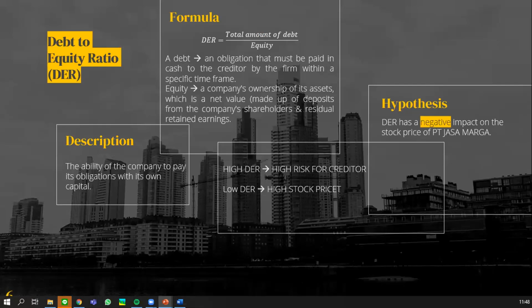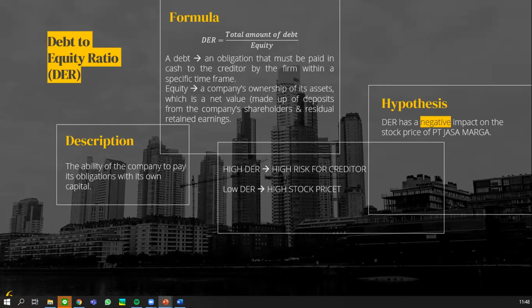The second one is the debt to equity ratio, or DER. It indicates the ability of the company to pay its obligations with its own capital. DER is a financial ratio that compares the amount of debt to equity as shown in the formula. The quantity of equity and debt utilized for corporate operations must be proportionate.